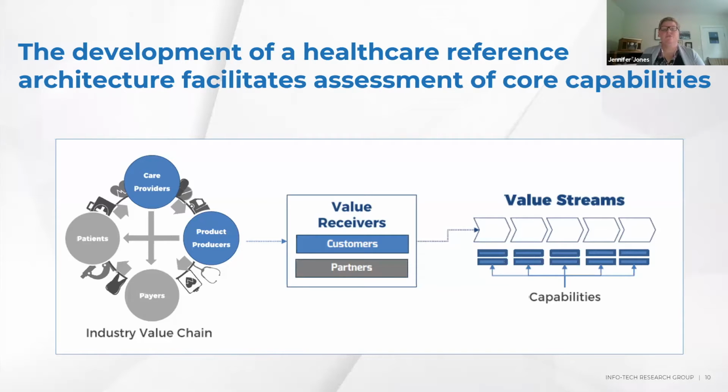We do that by establishing context, reflecting on our relationship with care providers and practitioners, product producers or product owners, payers, and patients, and then come up with specific high-level values or outcomes that an organization is meant to achieve, and then map specific capabilities that contribute to the overall value of an organization. This is what we call a reference architecture, and it is used to identify high-impact, critical need capabilities that can be supported through IT.